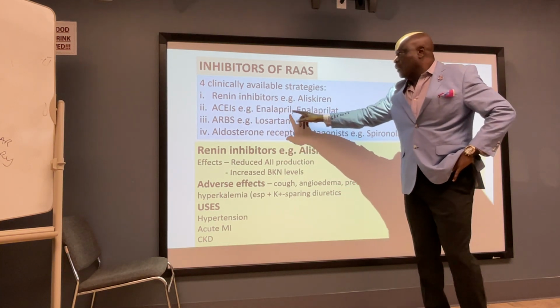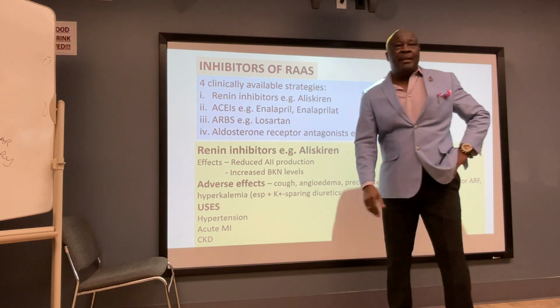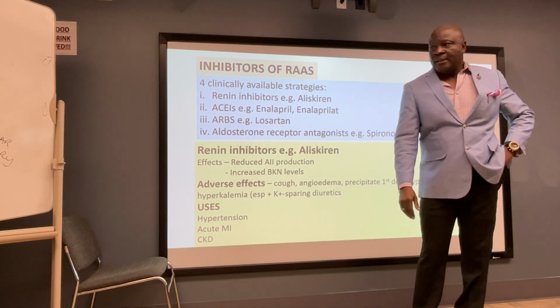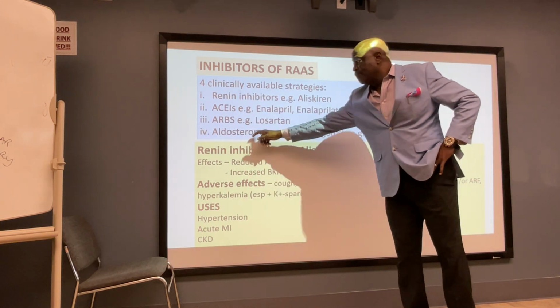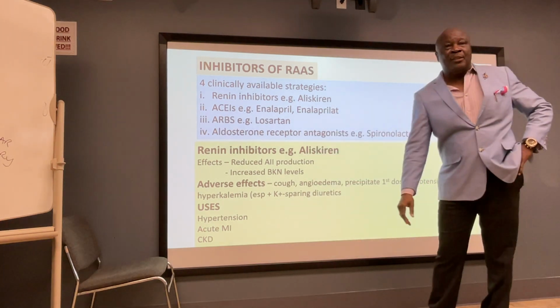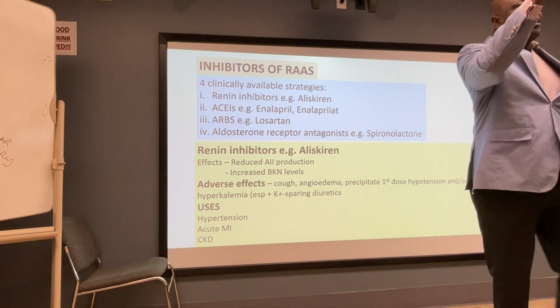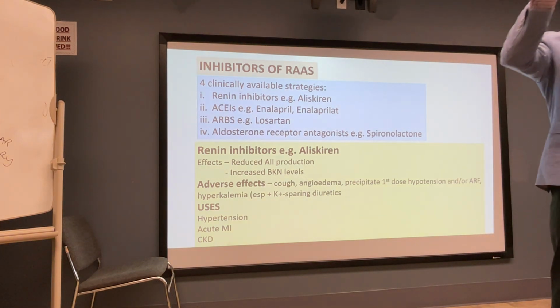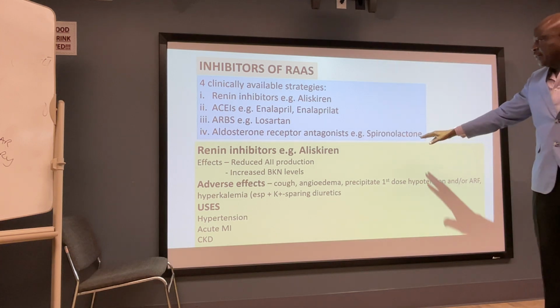And when the angiotensin 2 has been formed and is acting on its receptors, you hit it with the receptor blockers. And then you know that once angiotensin 2 is produced, aldosterone is also produced, so you want to antagonize the aldosterone. So these are the 4 steps and the 4 targets of inhibiting the renin-angiotensin system. You start from the get-go and you work it all down the line.